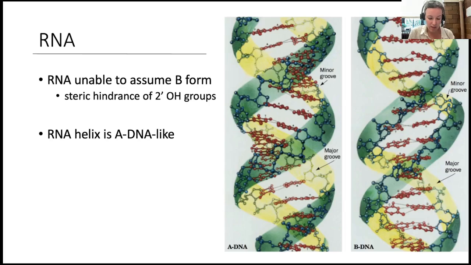That would mean that this hydroxyl group would stick out here in the minor groove. Now, when comparing A DNA to B DNA, you can see how, with the presence of an additional hydroxyl group, you're going to run into some steric hindrance issues with the B form of DNA. So RNA, rather than being in the B form, often is in the A form.